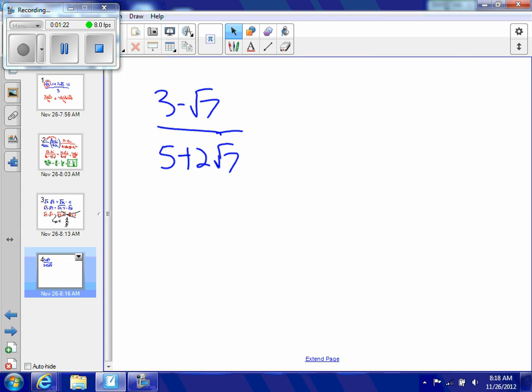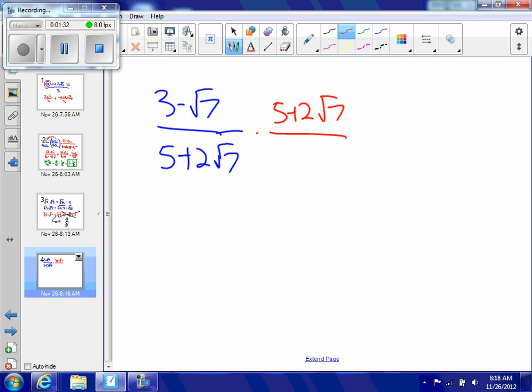And then you would FOIL, that's how you get it to cancel out. Should I do that out? Okay. So I'm going to multiply times 5 plus 2 radical 7, minus, thank you, I almost caught it before somebody else did, 5 minus 2 radical 7.